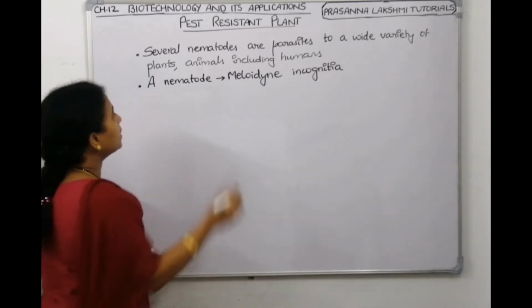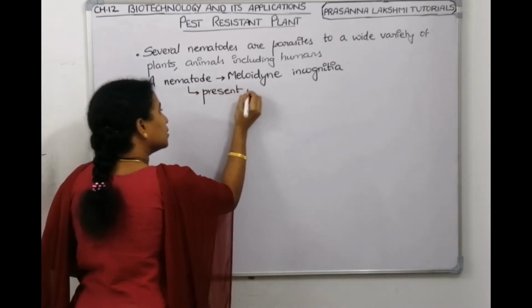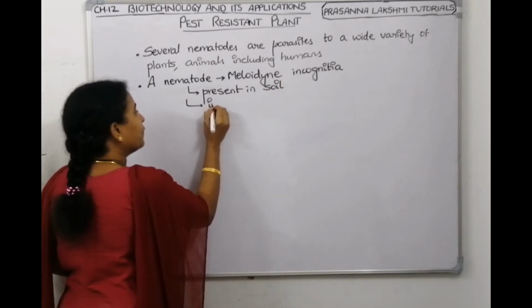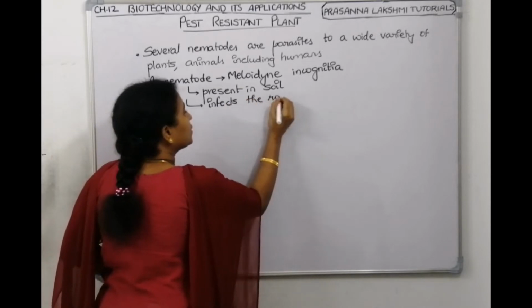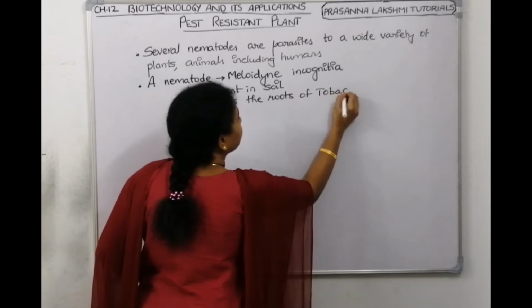Where is this nematode present? The nematode is present in soil. Since it is present in soil, it infects the roots of which plant? Tobacco plant.